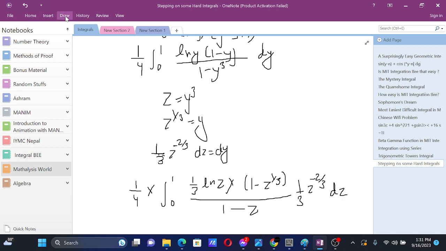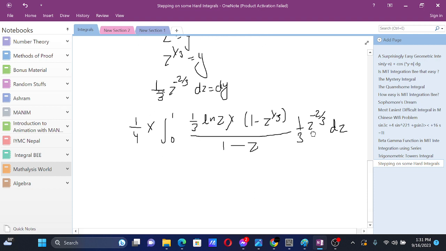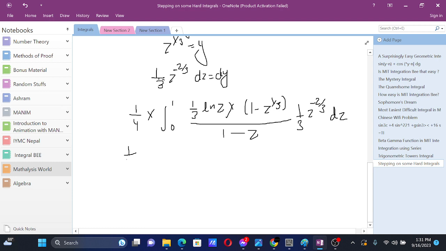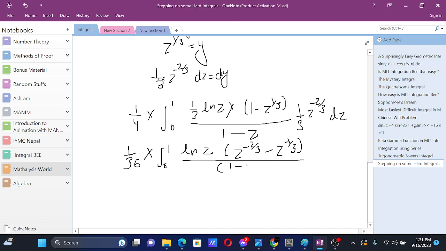So now we can take 1 by 9 out, so that will be 1 by 36 times the integral from 0 to 1 of ln z times z to the power minus 2 by 3 minus z to the power minus 1 by 3, over 1 minus z dz.